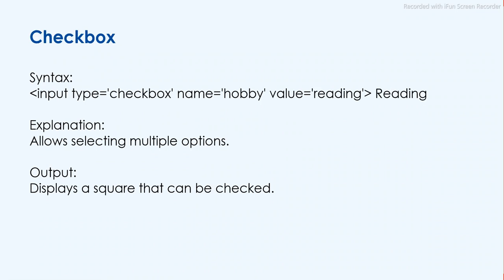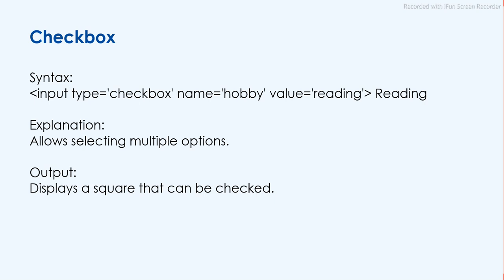The next we have is checkbox. It is not like a radio button. In a checkbox you can select a number of items. For example, hobby. You are going to select the hobbies of a particular person.